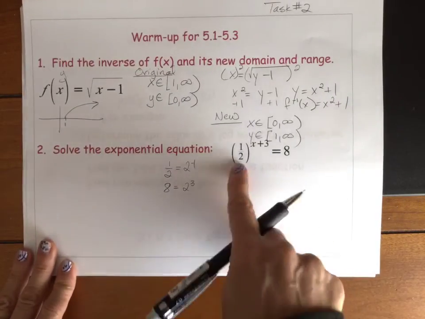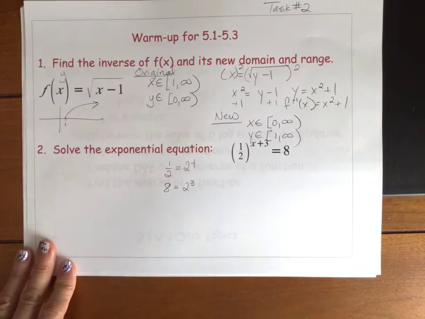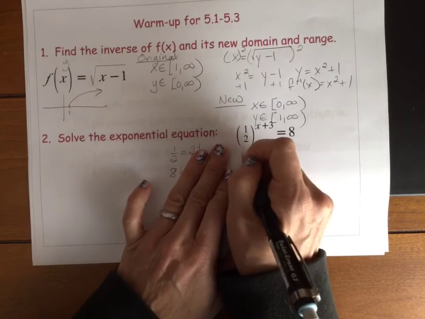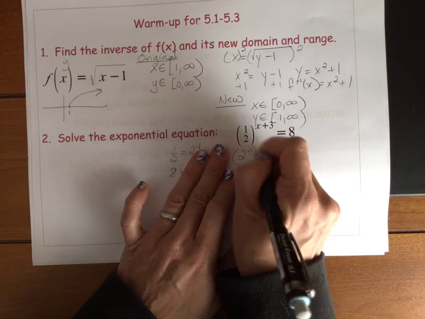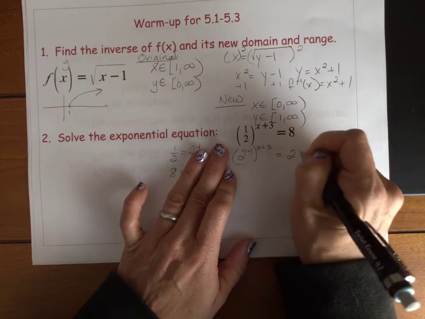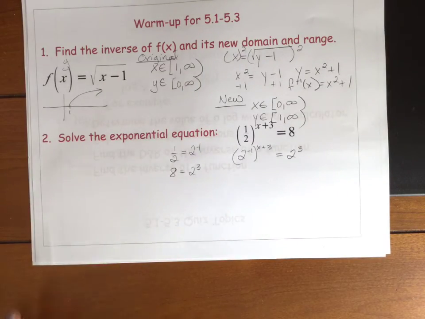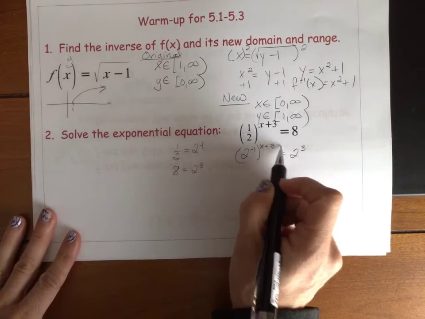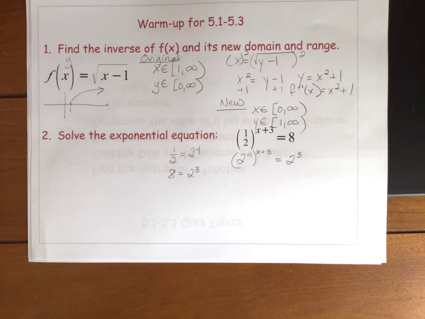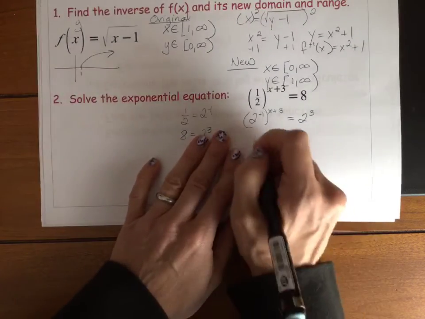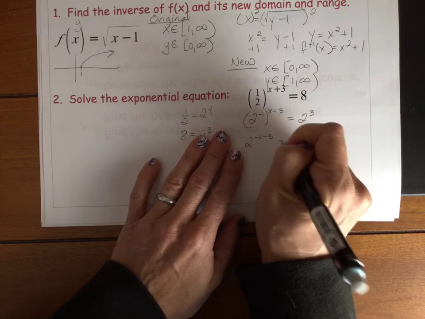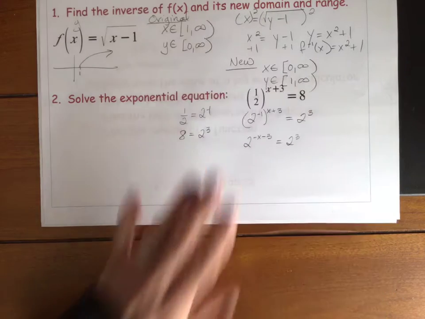I can only rewrite this to something it's equivalent to, otherwise I've changed the equation. So this is 2 to the negative 1, and all of that is to the x plus 3, equals 2 cubed. Now I'm going to distribute the negative 1 to x and 3 because it's an exponent to an exponent, which means I multiply them. So I get 2 to the negative x minus 3 equals 2 cubed.